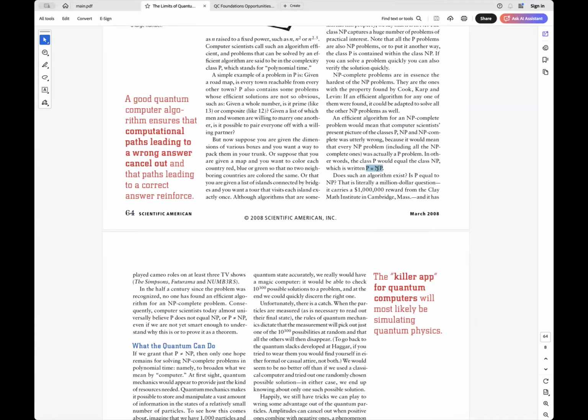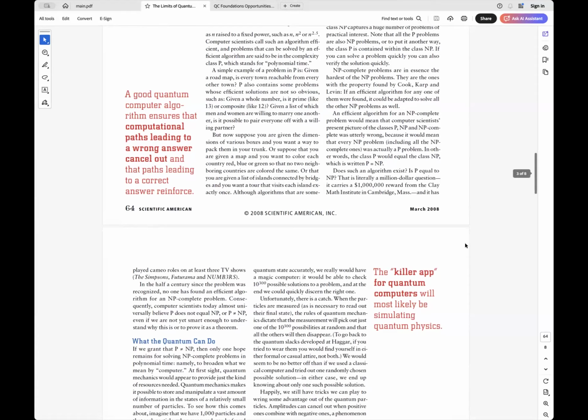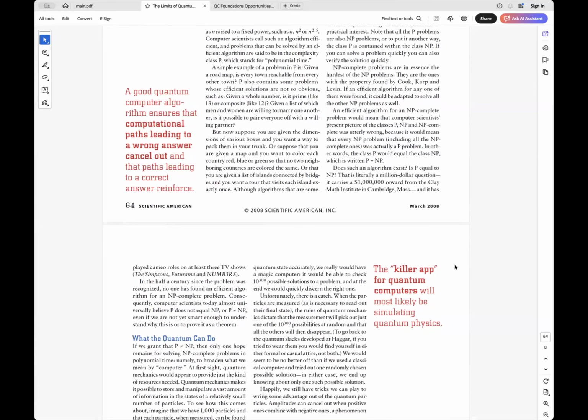There has been no proof whether these classes are the same or different yet. I think there's a lot of evidence that these two classes are in fact different, but it has not been proven. And there's a whole list on the internet of people who have tried to prove whether P and NP are the same or different.